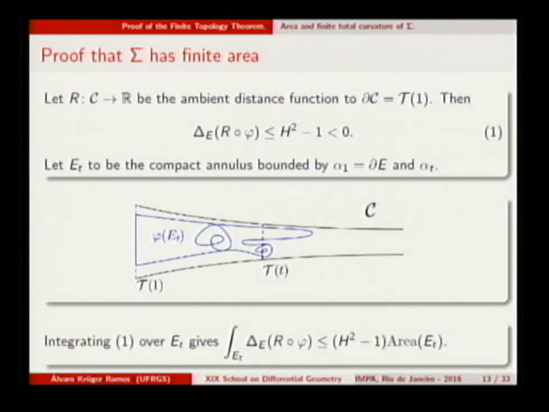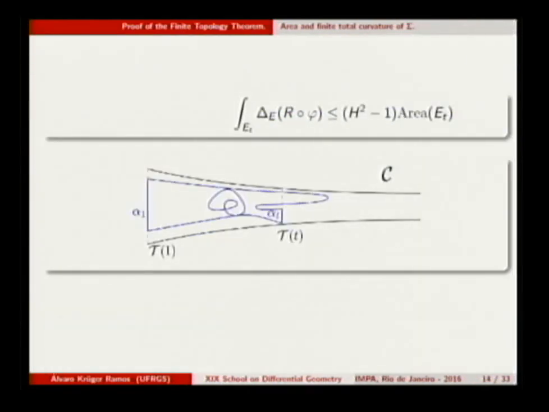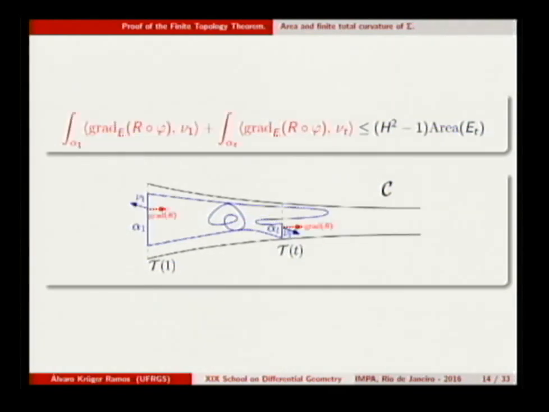So we obtain an area estimate for the area of this region by an integral of the Laplacian of the distance function. The idea now is quite elementary. We just use the divergence theorem to obtain that this area is controlled by the flux of this gradient field over these two boundary components. However, what's going on here?